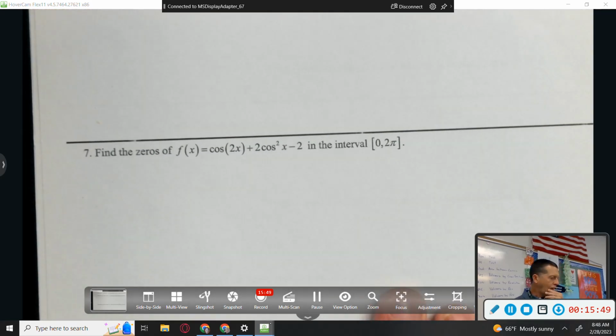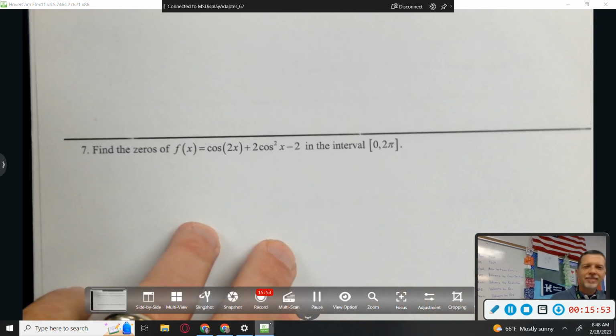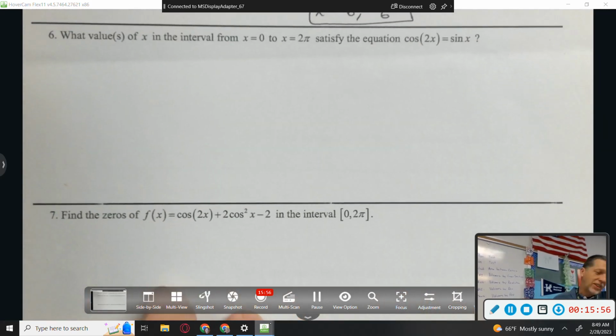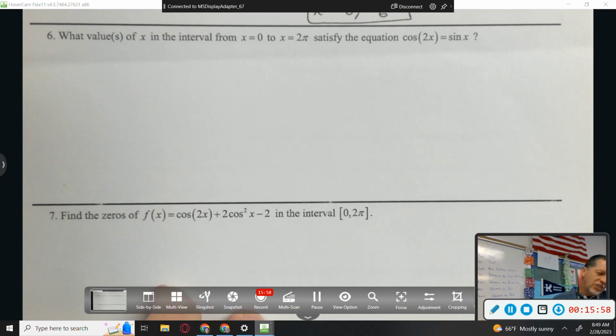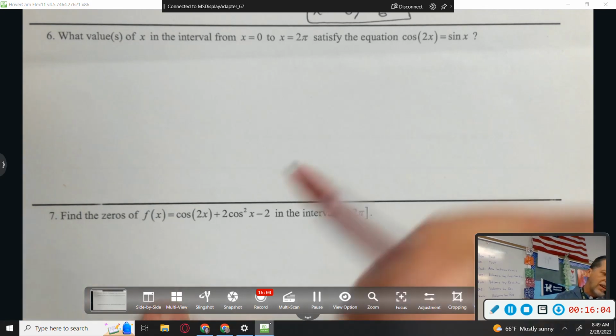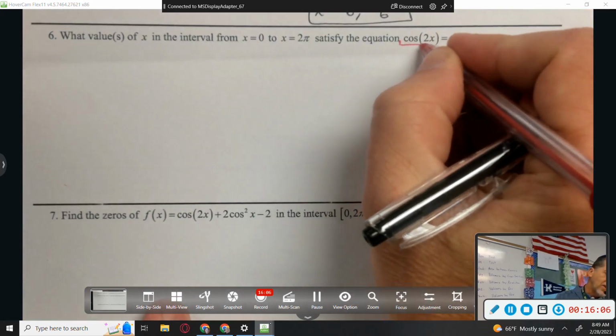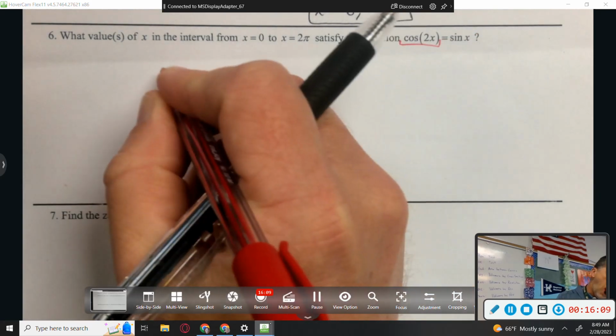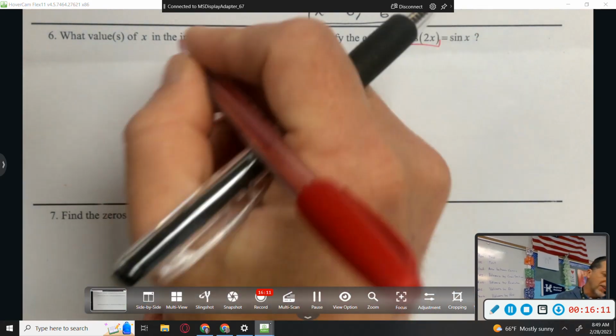Number 6. Something kind of funny happens on number 6. Funny as in not good, basically. Cosine of 2x equals sine of x. Kind of stuck, except that what does cosine of 2x equal? You remember? You've got to flip back and look.